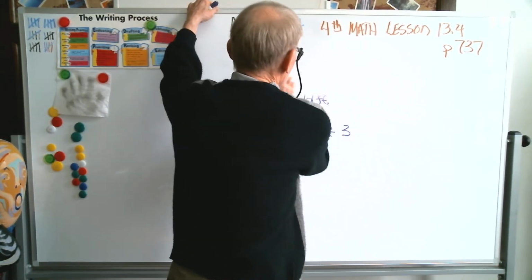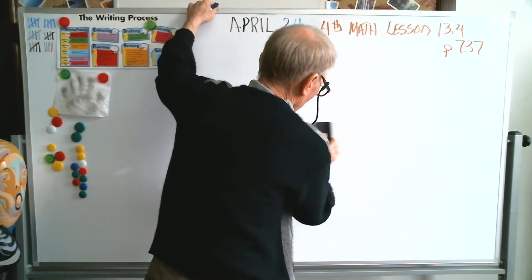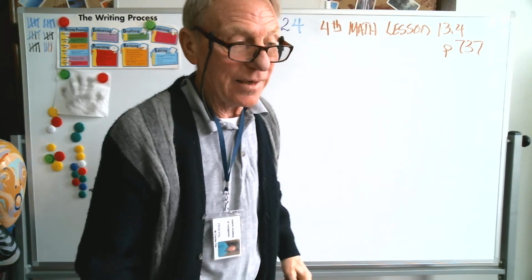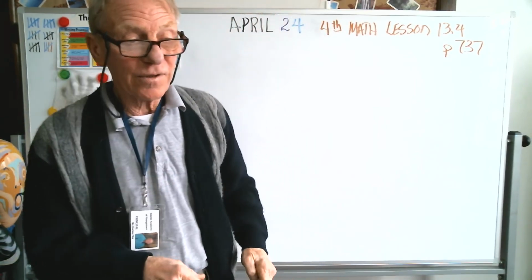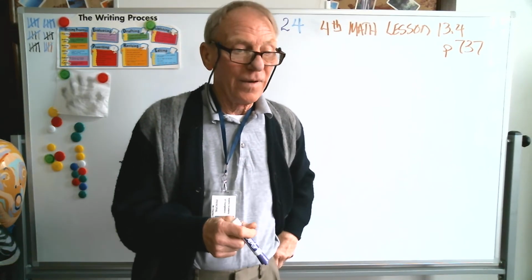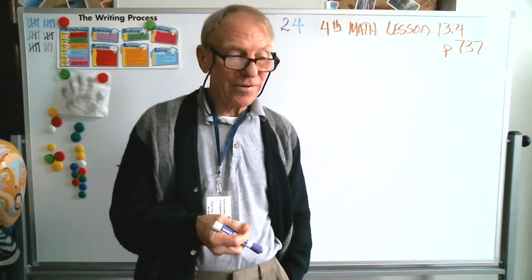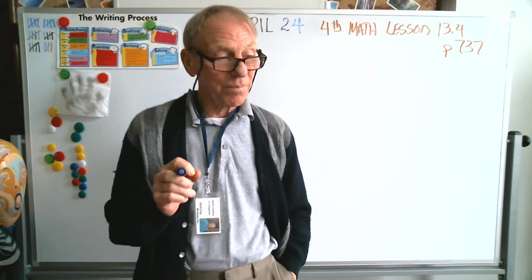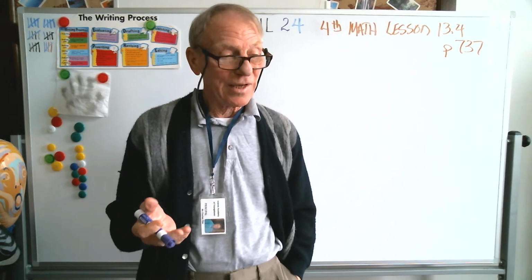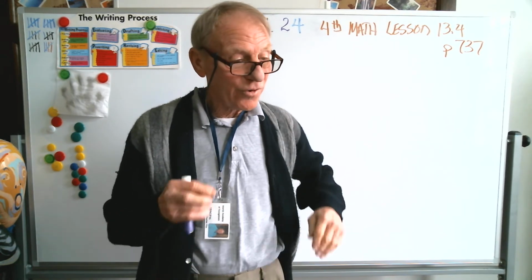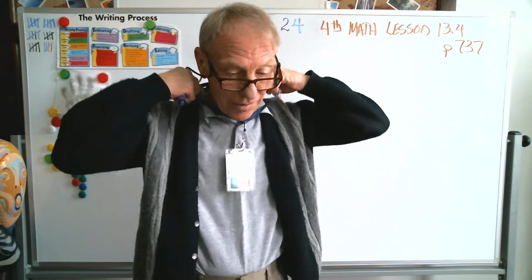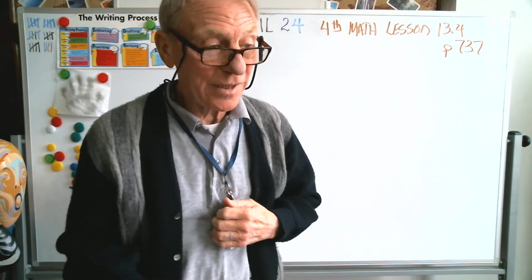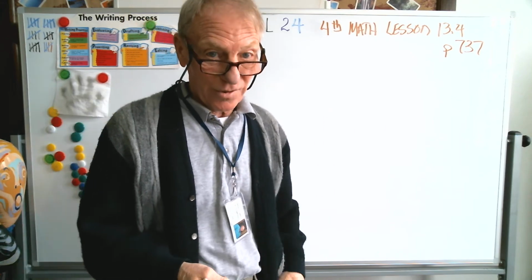So much of what this math is based on is your skills with multiplication, which is a big part of how you understand division. So if you don't know your multiplication very well, then this is going to seem like rocket science to you.